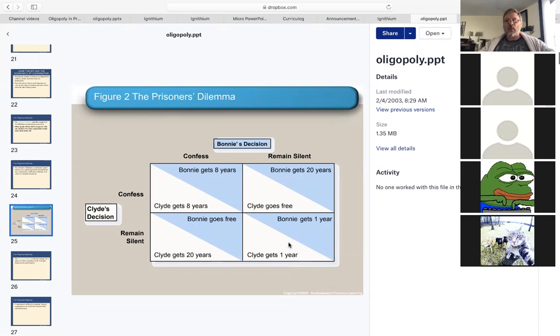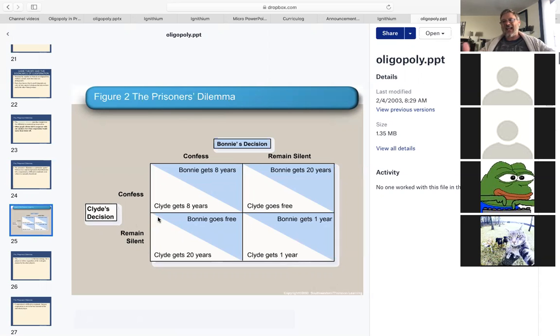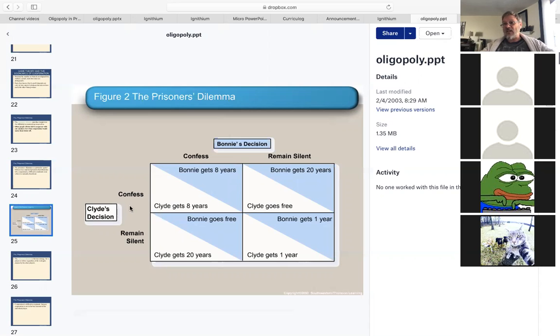Bonnie and Clyde, before this all happened, can't write a formal contract. The reason why we talk about this in terms of prisoner's dilemma and crimes is because it makes it clear that there's no formal contract they can write with one another, no formal enforcement mechanism where, for example, Bonnie and Clyde enter into a confidentiality agreement that has legal consequences.